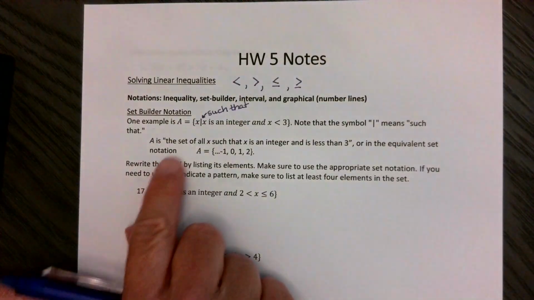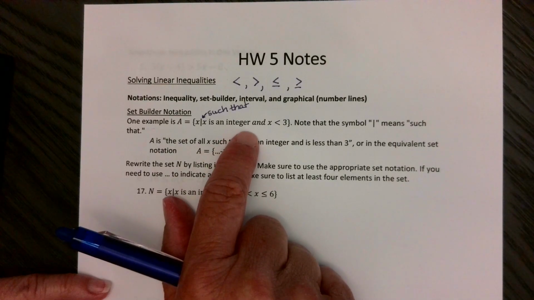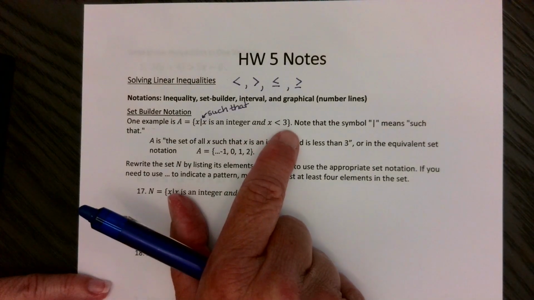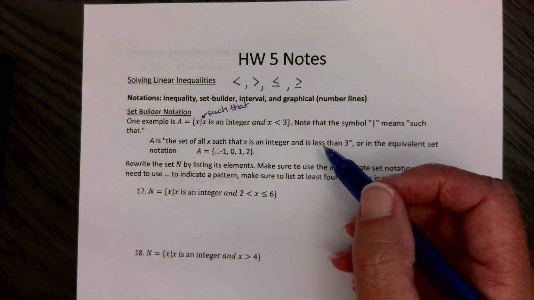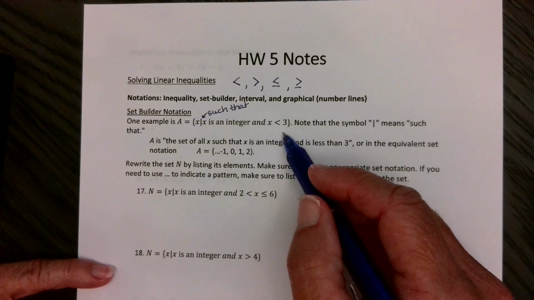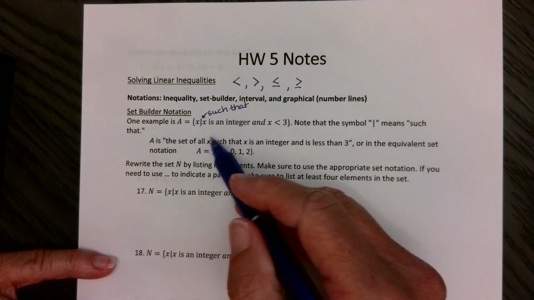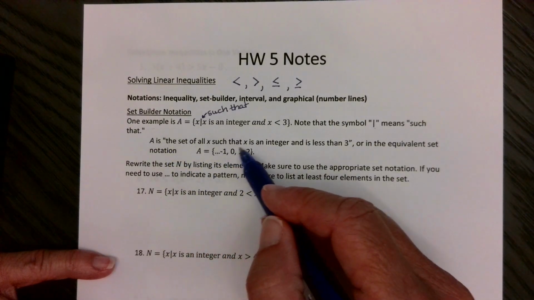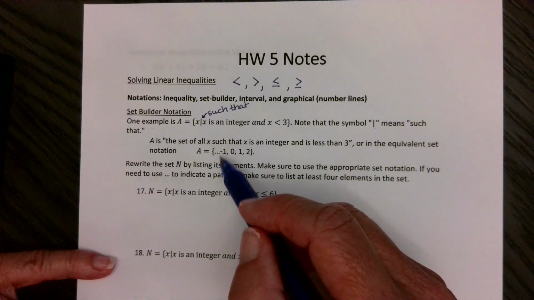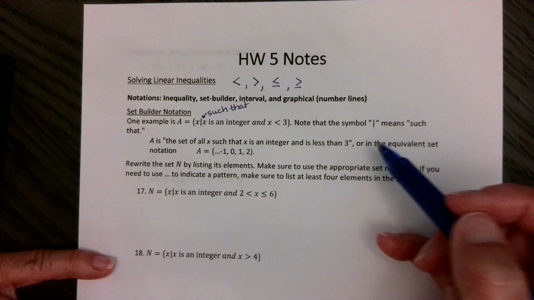Okay, so we got all these values x such that x is an integer, meaning a whole number, positive or negative, and x is less than 3. That is how you would write the set builder notation. Note that the symbol, that line, means such that. A is the set of all x such that x is an integer and is less than 3.